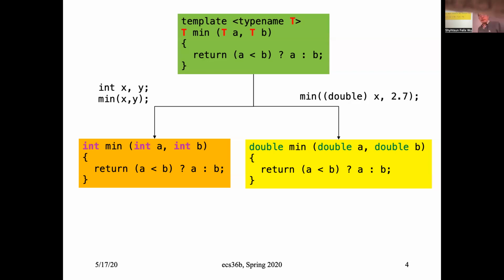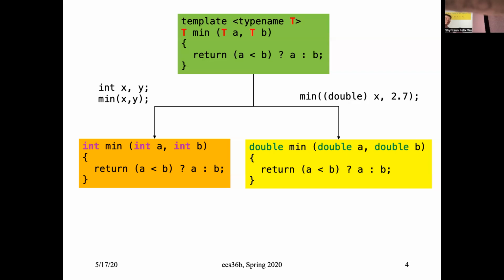Therefore, this is called a template in the green. Essentially, this template can be the generalized version of the orange and the yellow. I define a template such that the type of the argument or the return type is parameterized.